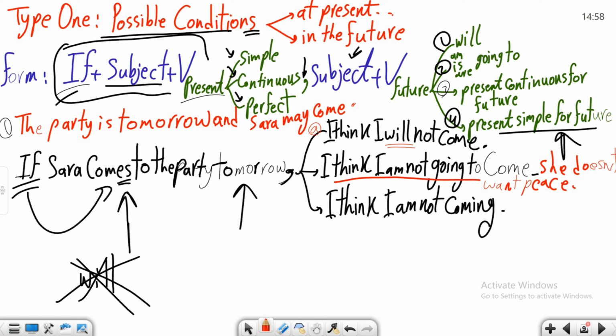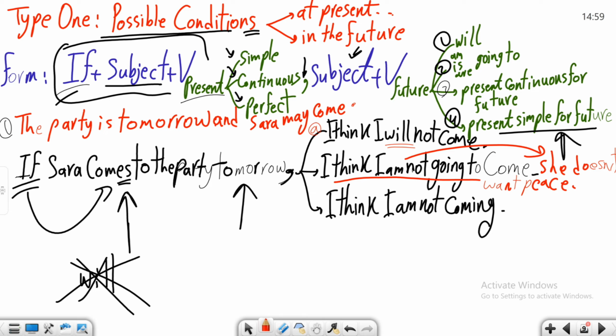For example, here, when I use I'm going to, I am telling you that there is a plan. I have my own plan before, not a decision taken by me now. Let's say that we have a plan, and this plan has a reason. Now here I am giving you a reason. So when I use will, I don't need to give a reason. I just give a speculation, or I give a spur of the moment, spontaneous decision.